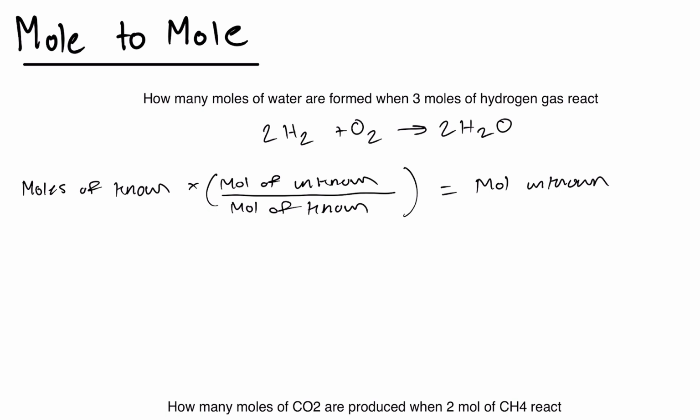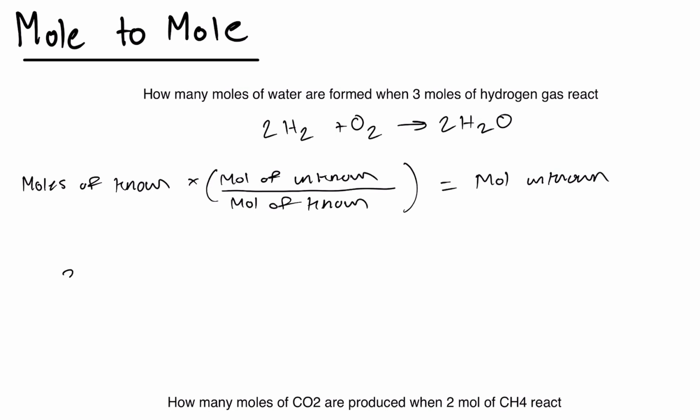Our moles of our known is going to be 3 moles of hydrogen gas. So 3 moles of H2 times our moles of our unknown is going to be the 2 moles of H2O over our moles of known, which is going to be the 2 moles of H2.